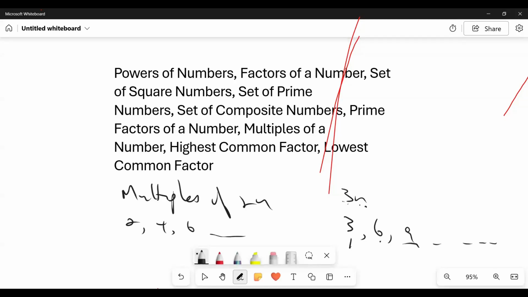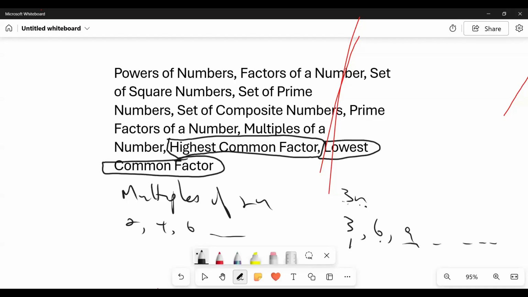Then there's something, and this one is important. We will need this a lot. I'll leave these two for a little later, because they're very important when it comes to factorization and when we deal with fractions.